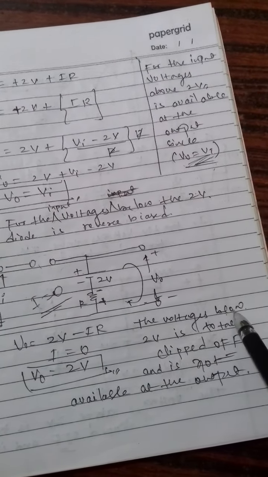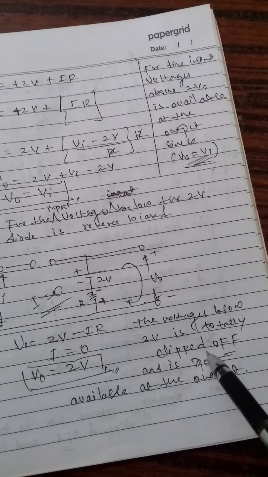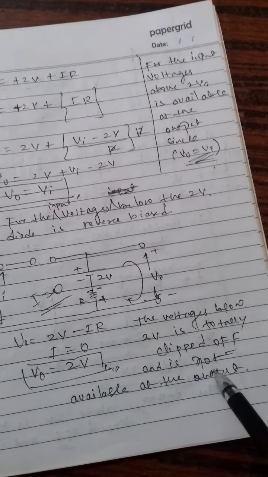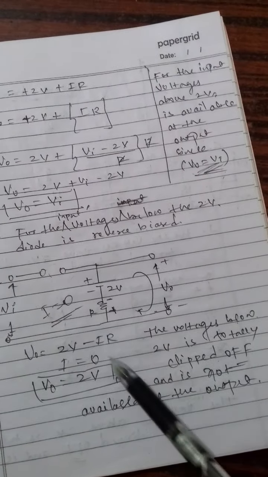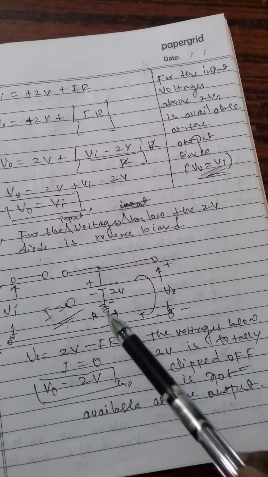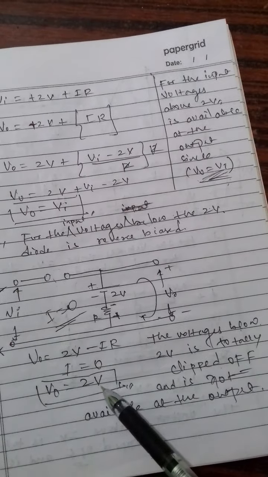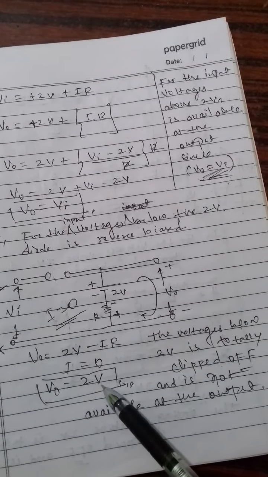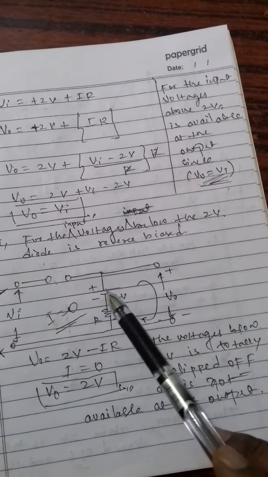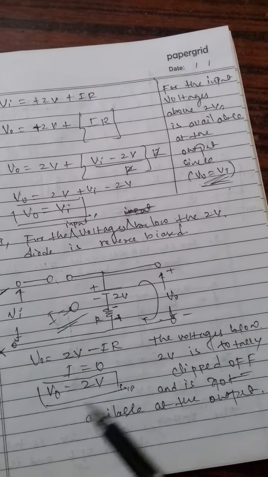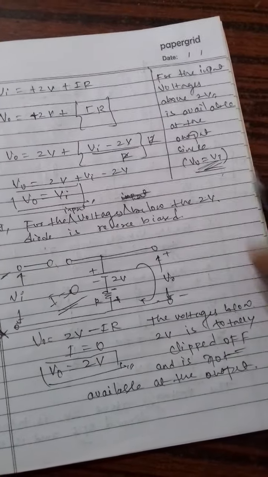The voltages below 2 volts are totally clipped off and are not available at the output. For any of the voltages which are below the 2 volts, the output is limited to 2 volts. Whatever the voltage below the 2 volts, the output voltage is limited to only the 2 volts.